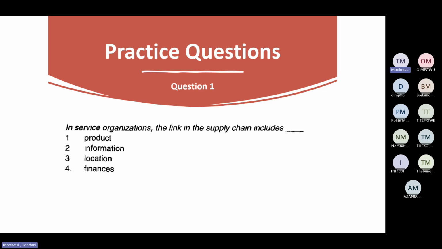Then Pearl says 2, information. So the link means what links these different parts in the supply chain process together from raw materials, supplier, manufacturing, distribution until it reaches the consumer. So information is the link here. You can go check it in section 11.1.